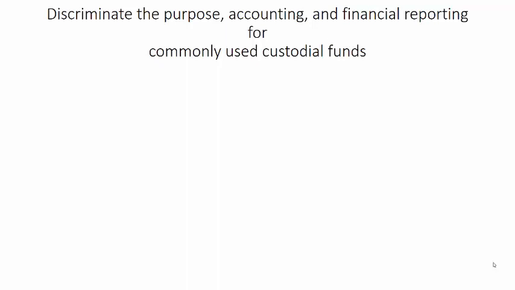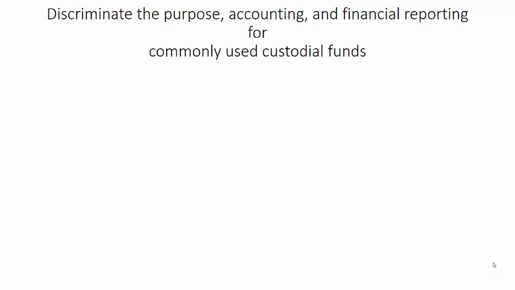If the government has administrative involvement, if they monitor the subrecipients for some type of compliance with requirements of the grant, or if they determine the expenditures of the subrecipients are meeting the eligibility requirements for receiving the funds, or if the government has discretion over the allocation of how the grant can be used, then the government has what's called administrative involvement. And in that case, they're not to use custodial funds. They don't have to, okay?